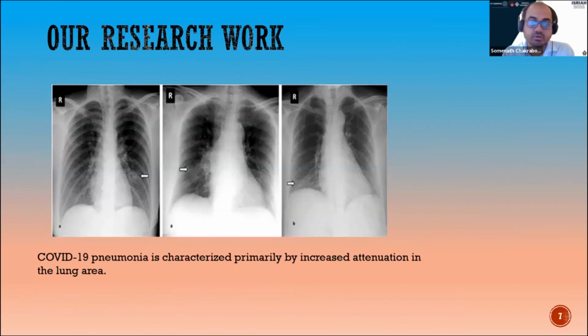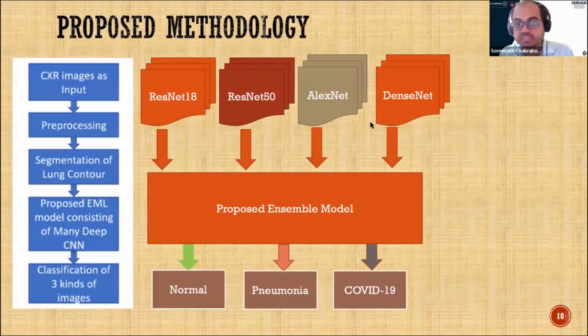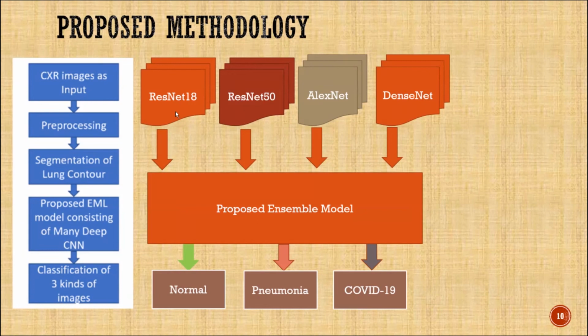Like I already showed you, when we use models like ResNet, ResNet 50, AlexNet, DenseNet, these models are well trained, and using transfer learning techniques we get the weights and parameter values. These networks are trained on millions of data, and they have the values, so you just use those networks.